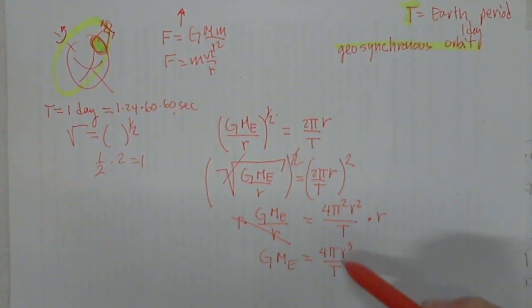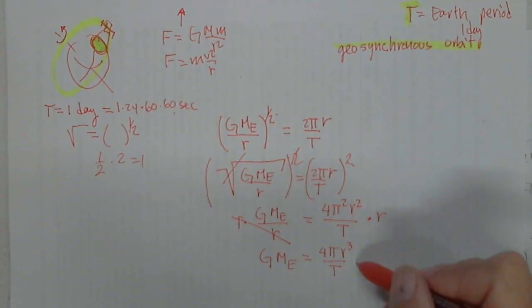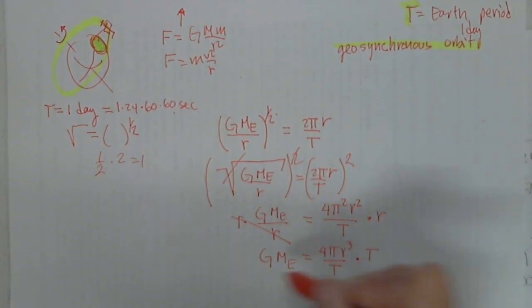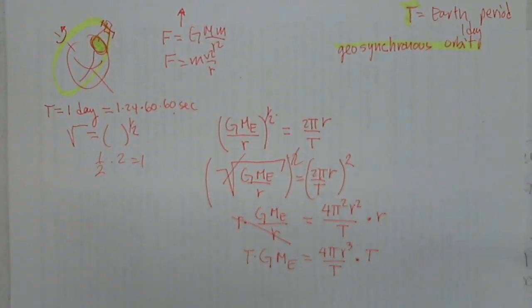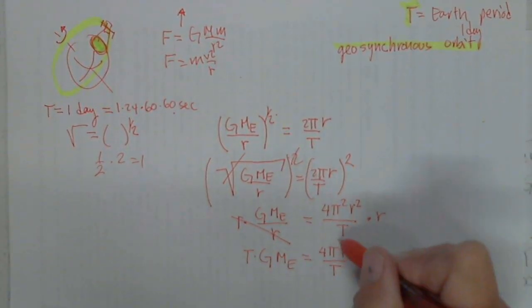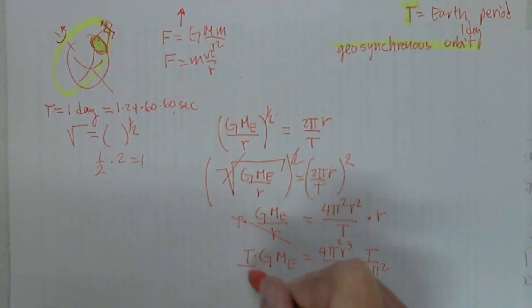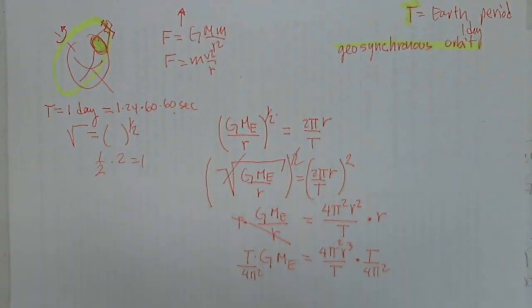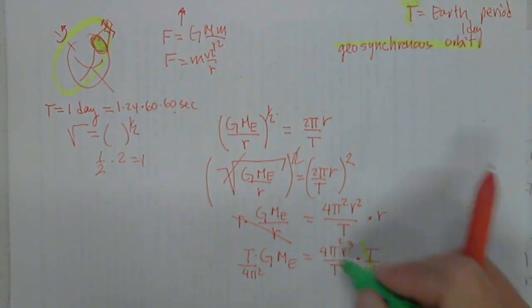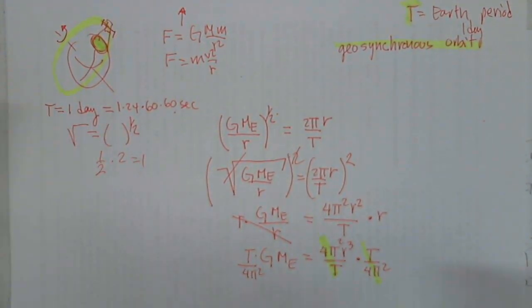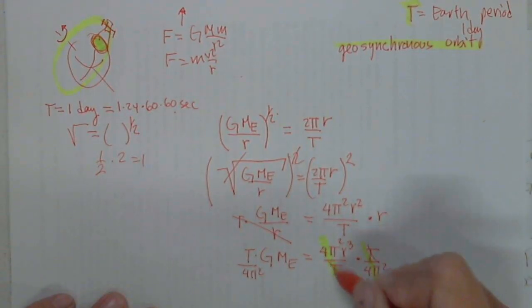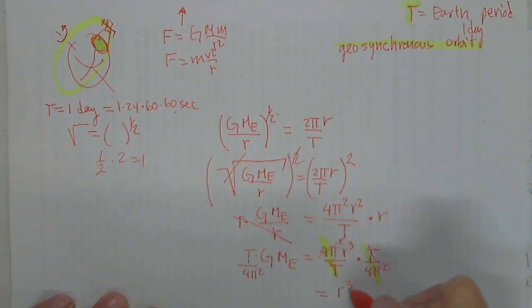Now I need to put r by itself on the right hand side, so I'm going to multiply by the period squared. I'm going to divide by 4 pi squared. In that way, this cancels this. The only thing left on the right hand side is r cubed.